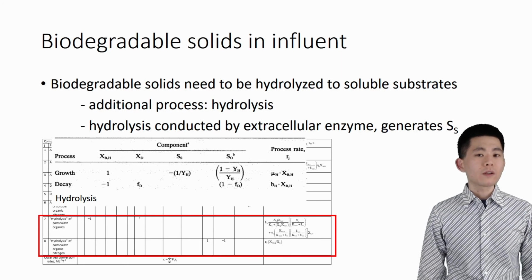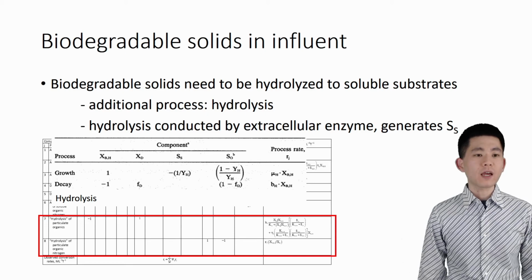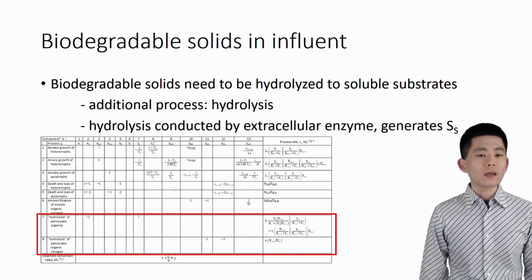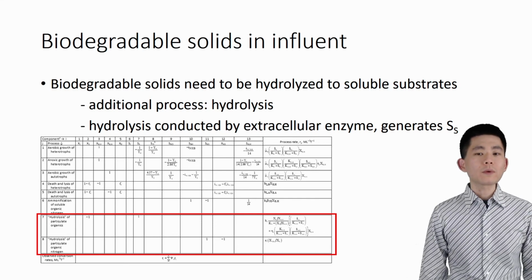In the model, this is an independent process besides the cell growth and decay. It is included in the activated sludge model 1. Remember that we have covered the basics of the hydrolysis process. There's no electron transfer or COD reduction, and the kinetics is either first order or Monod type equation.